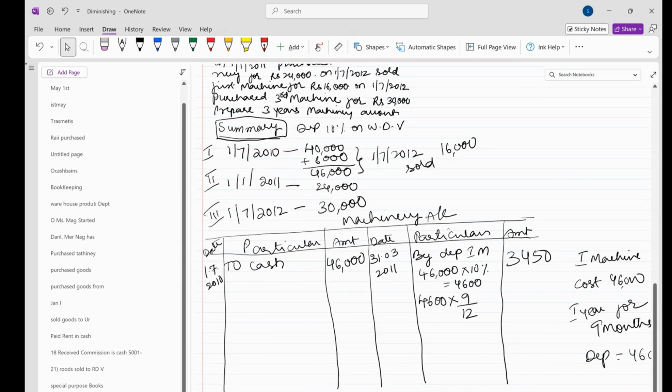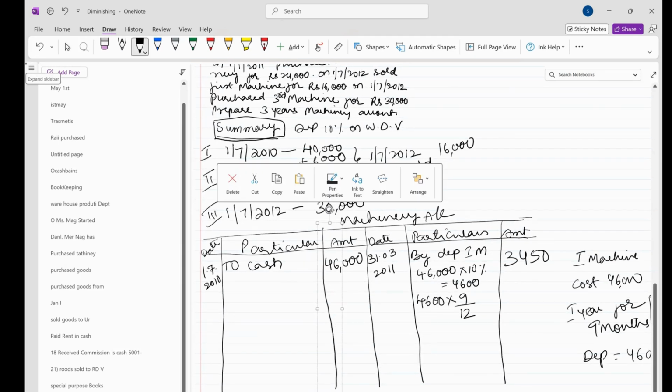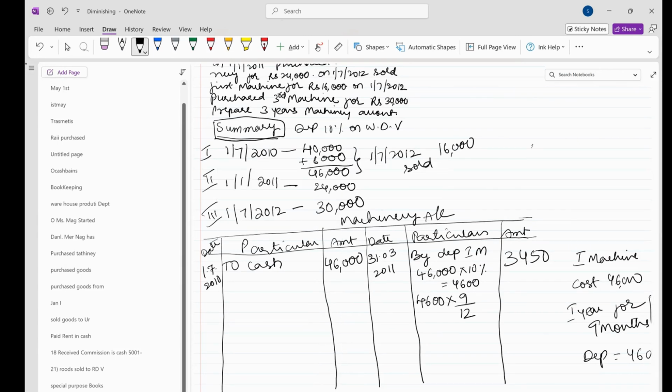Now this is on 31/3/2011. On 1/1/2011, in the same year, in January, they purchased another machinery for 24,000. So on 1/1/2011 to cash, 24,000.